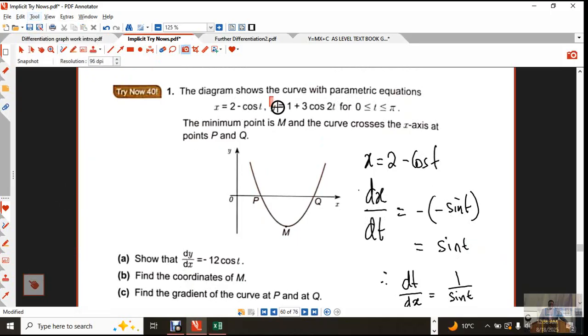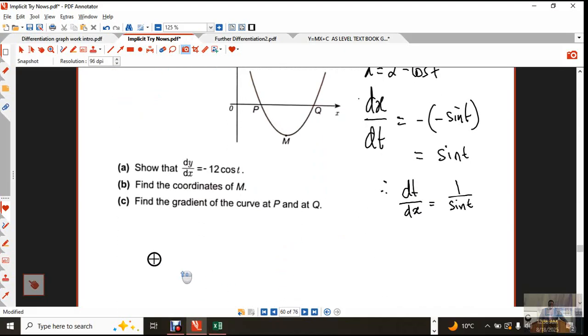We need to find y equals to that. So let's do that over here. So I'm busy with part A. So if we do y equals to that, you can say dy dt is going to be the derivative of 1 is 0, that's 3 times the cosine of the cosine.